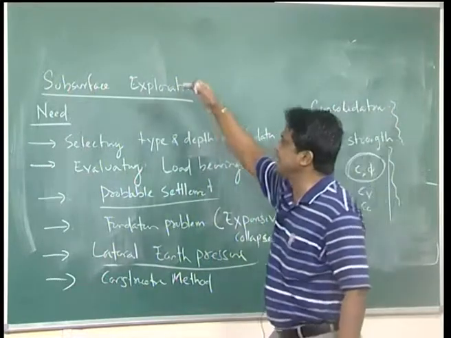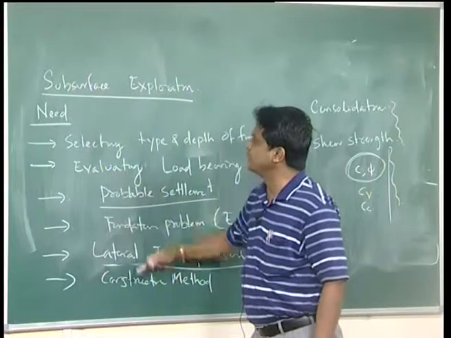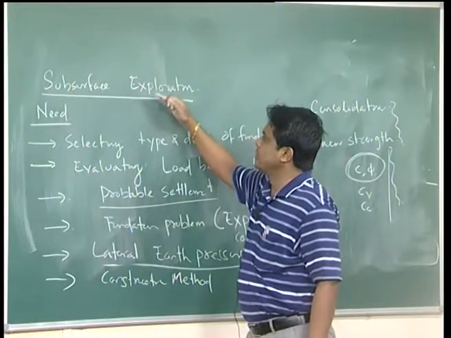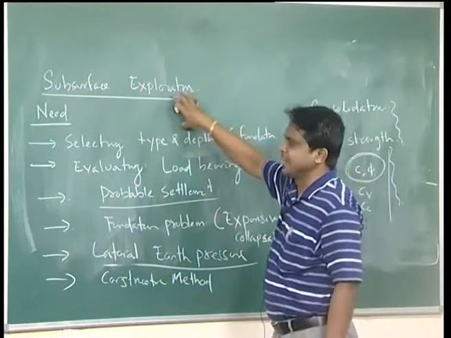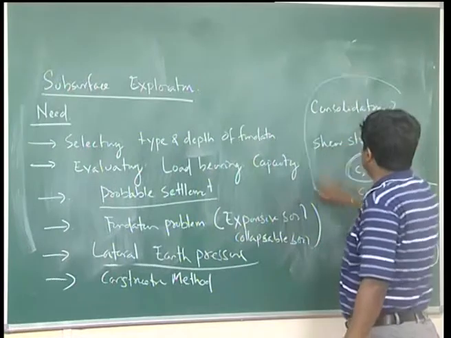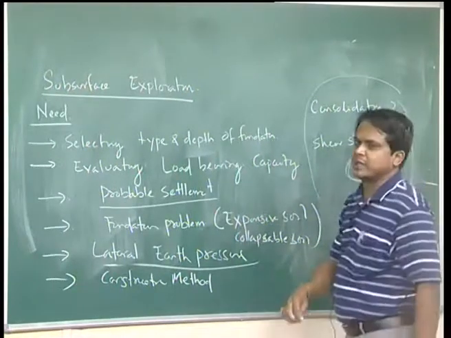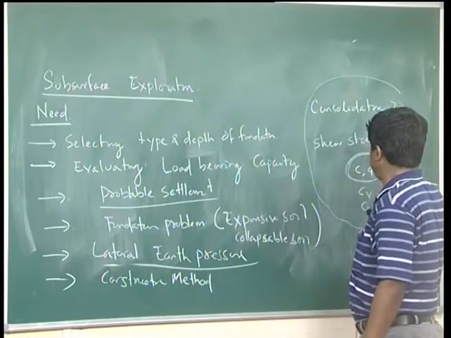So, these are the needs. Because of these requirements, we go for subsurface exploration. From there the soil sample is taken and simulated to the field conditions. These tests are conducted, and from these tests you will get C, phi, Cv and Cc.